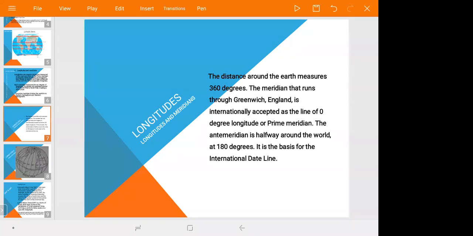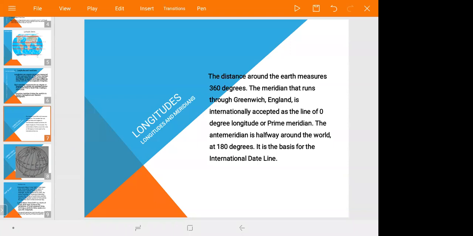This 180 degree longitude is the base of the international date line. For example, if someone is at 180 degree west longitude and another person at 180 degree east, there is a difference of 360 degrees of longitude between these two persons.